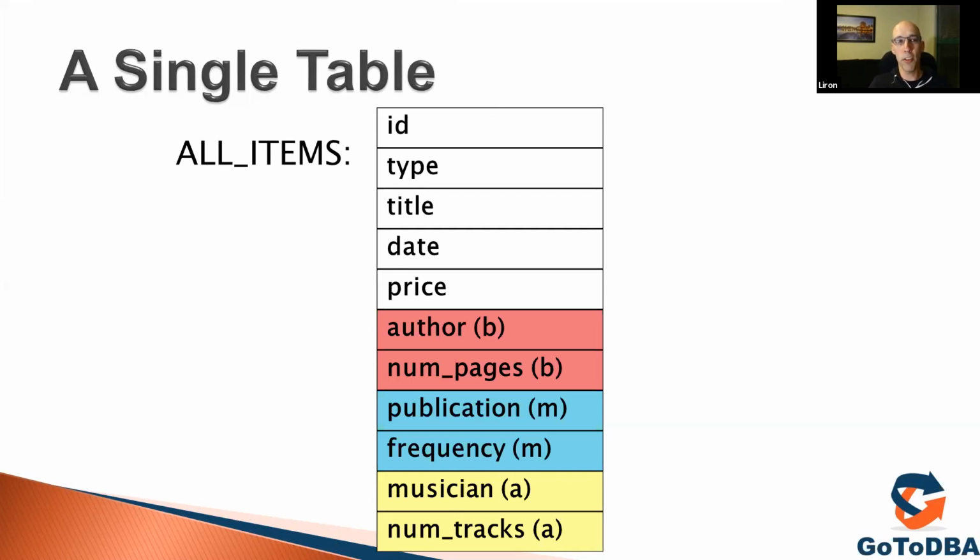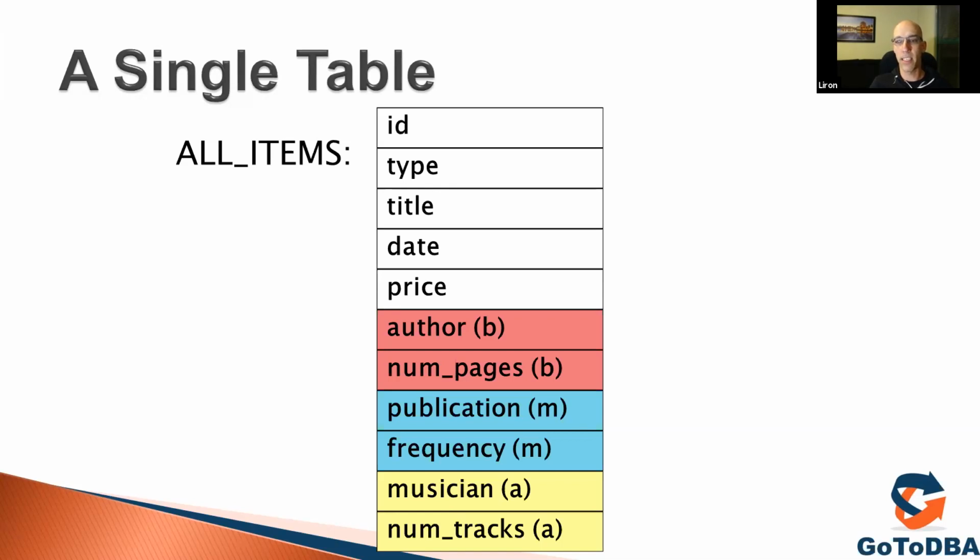Okay, so the first option was one big, I call it one big happy table. There's one table that has all the columns, everything that we need, and simply books will have the two red columns full, and the publication frequency, musician, and number of tracks will be null for books.